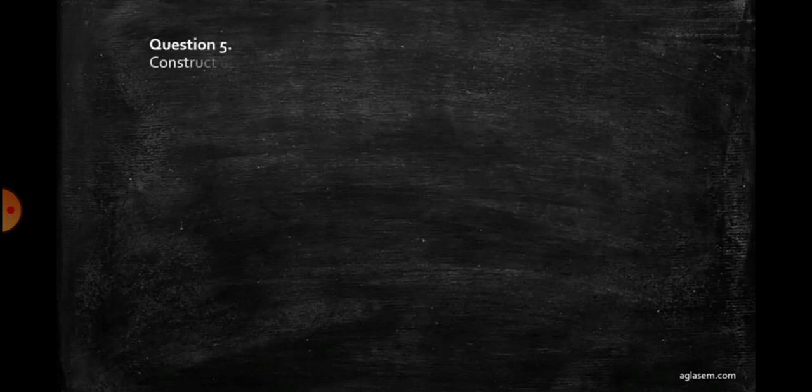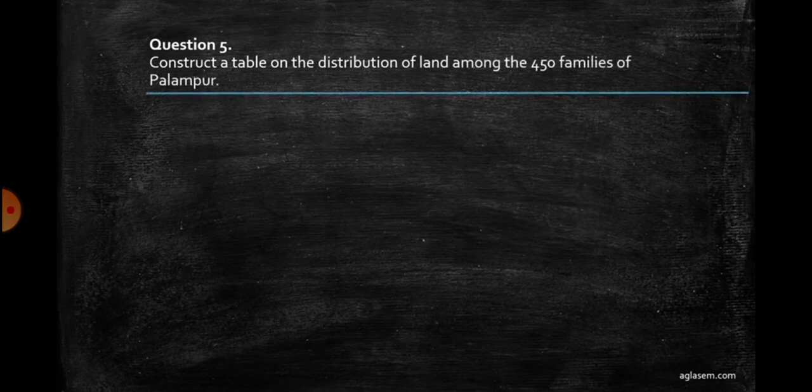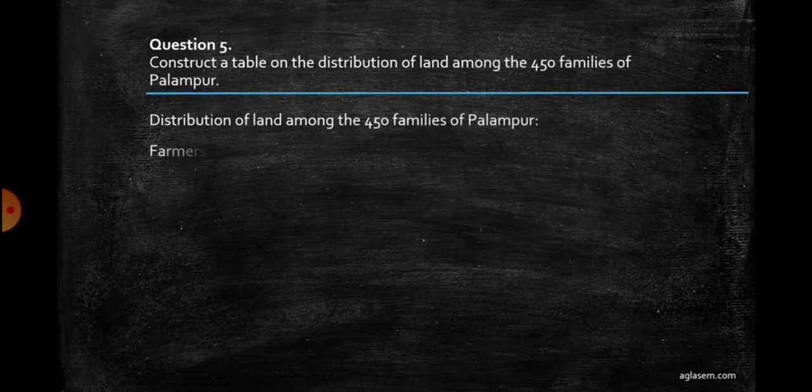Question number 5. Construct a table on the distribution of land among the 450 families of Palampur. The answer is distribution of land among the 450 families of Palampur. Farmers with no land, mainly Dalits, 150 families.